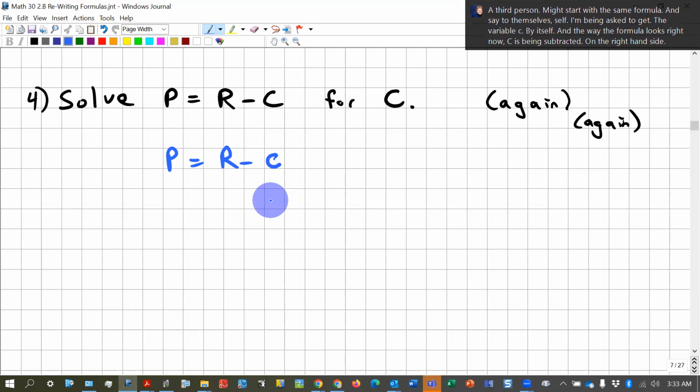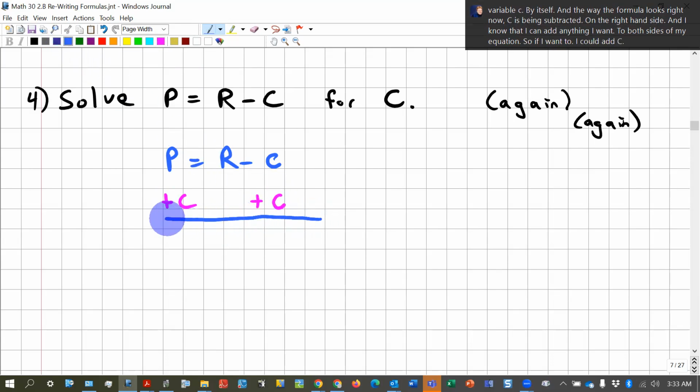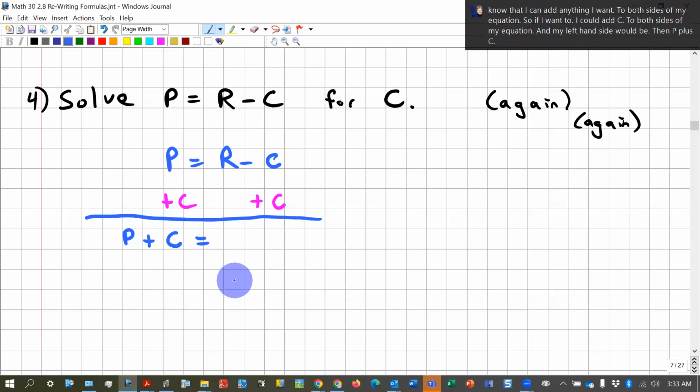And I know that I can add anything I want to both sides of my equation. So if I want to, I could add C to both sides of my equation. And my left-hand side would be then P plus C. And my right-hand side is going to be R minus 0, which is just R.